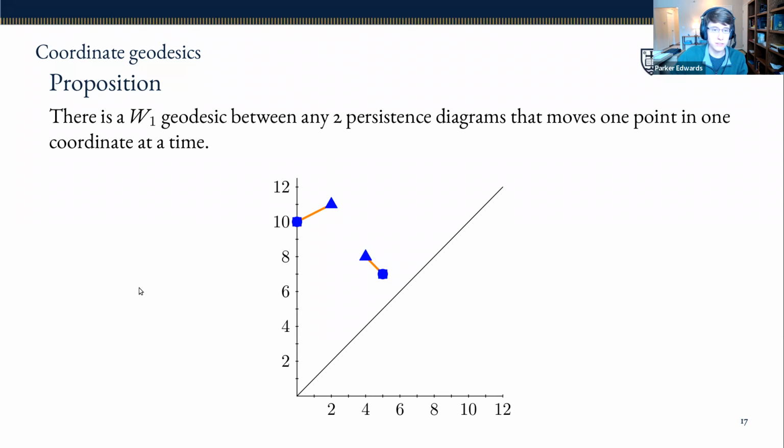So let me show you what this geodesic looks like. The squares are going to be the geodesic, and we're going to watch it like a movie. The first part of this is we're going to move this circle point to the triangle, first along the x coordinate, and then along the y. And then we can do that 1 point at a time for every point.